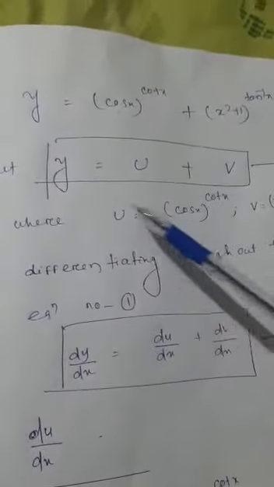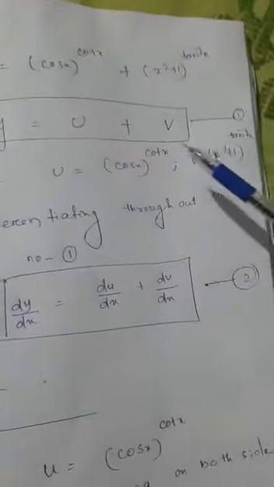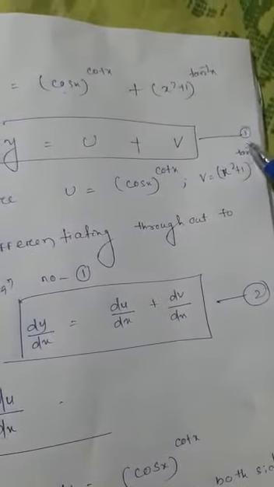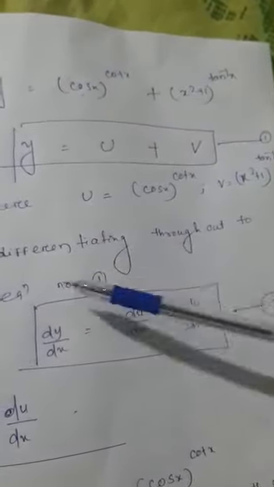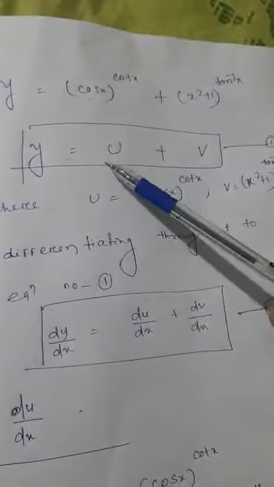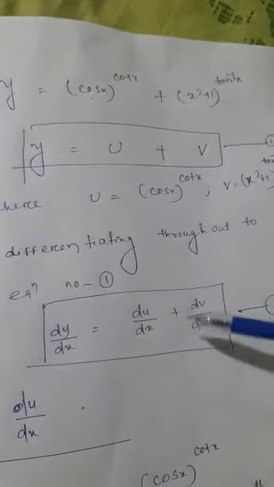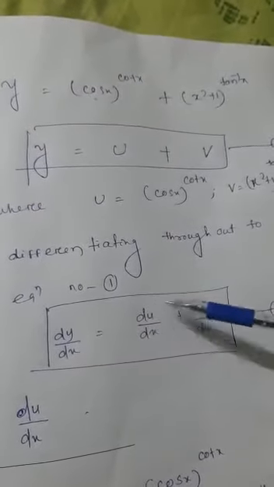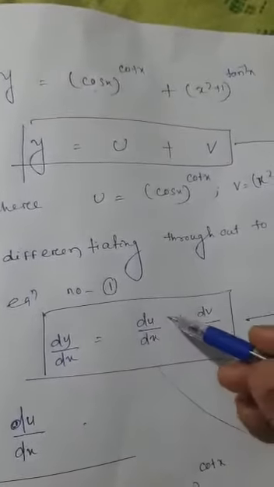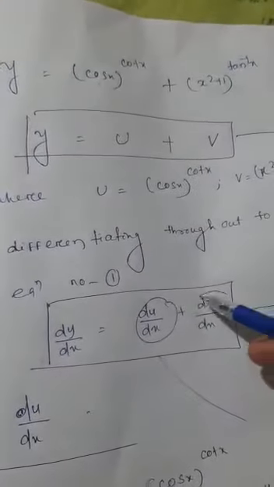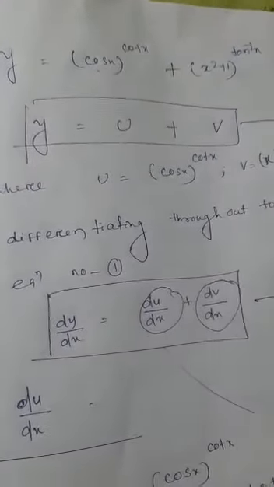Now differentiating throughout the equation, let us name the equation as equation number 1. If you differentiate it, then dy by dx is equal to du by dx plus dv by dx. So individually we will find the value of du by dx and individually we will find the value of dv by dx.